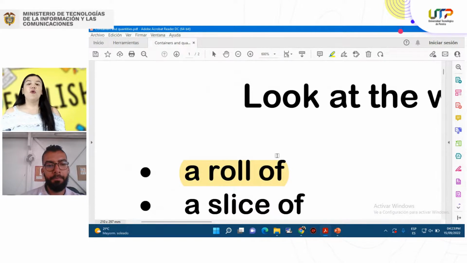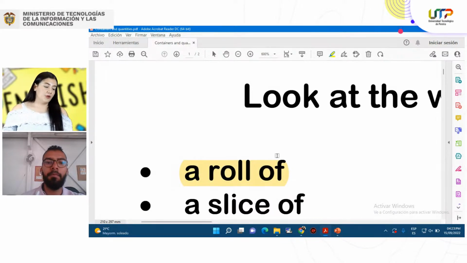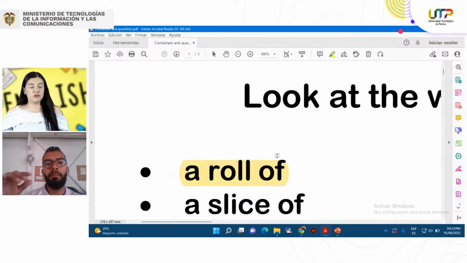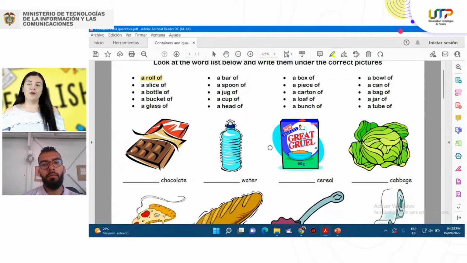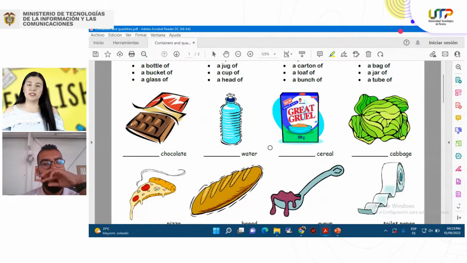Si yo digo un rollo de, ¿sí? Un rollo de, porque yo sí puedo contar rollos, ¿cierto? ¿De qué sería lo más apropiado de todos los objetos que tengo allí en la pantalla? ¿Sí?